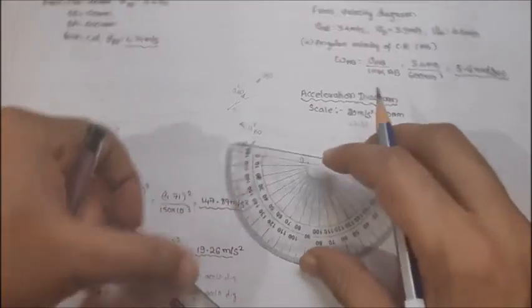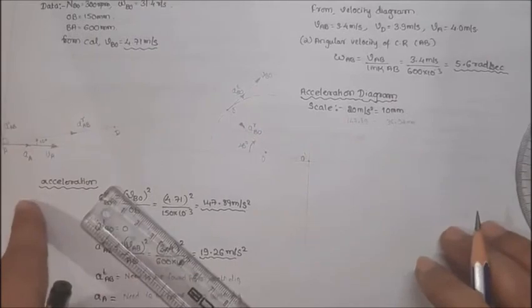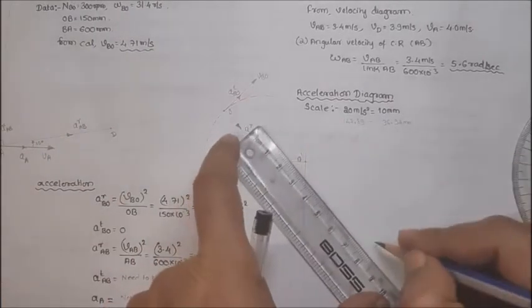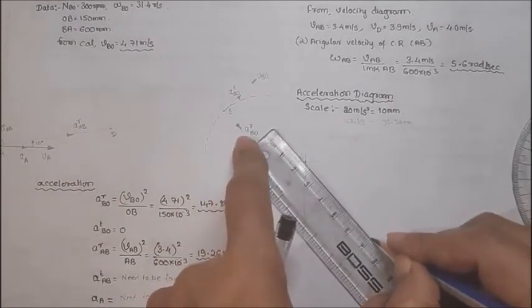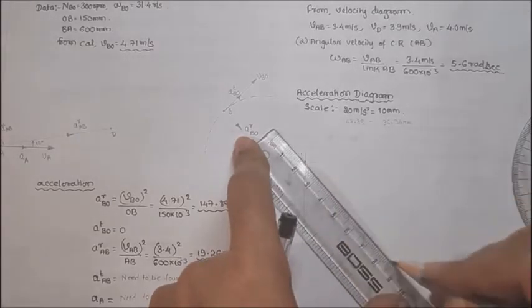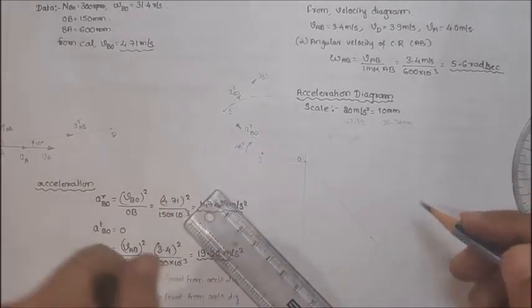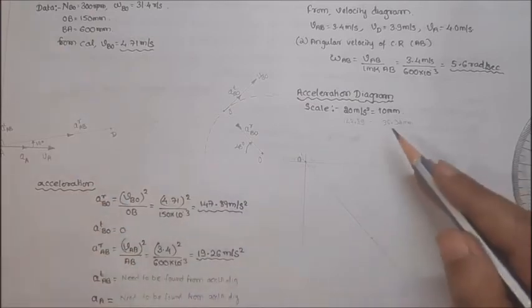So we will take 45 degrees, then draw a line, but the magnitude of that should be equal to how much?